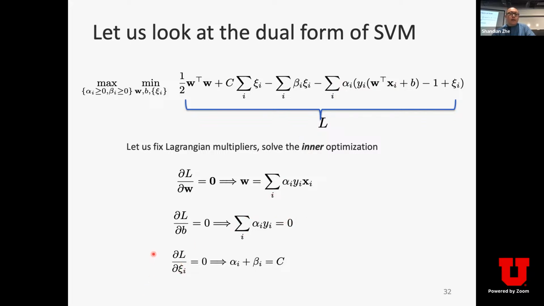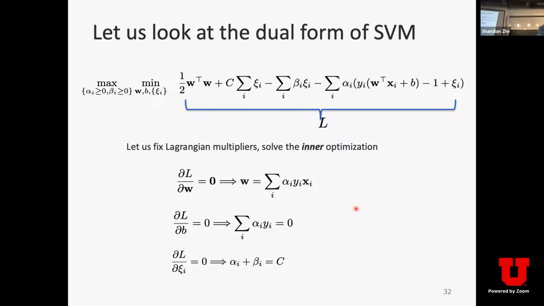And if you take the gradient of L with respect to each slack variable Ci, you see that Ci shows up here and shows up here. If you set this gradient to be 0, it just tells you that for every pair of alpha i and beta i, their summation must be C. So this is really straightforward to derive.